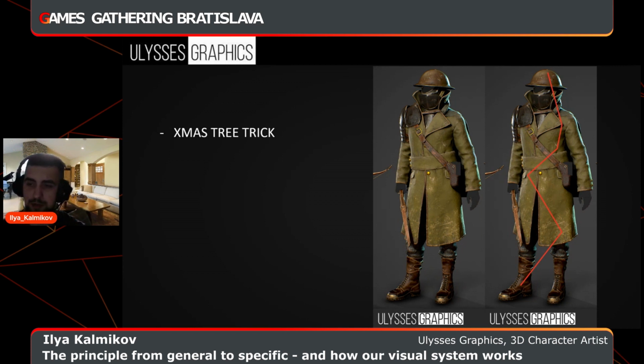You can see how the attention line goes along the character, like a Christmas tree, from top to bottom. Usually we start from the top because people look at the face first. And then if you zigzag the attention points, you have the viewer looking at the whole model from top to bottom. It works.